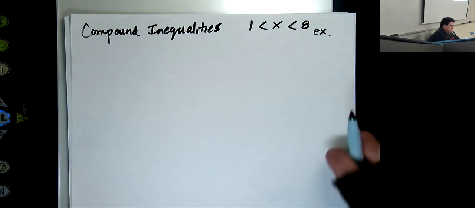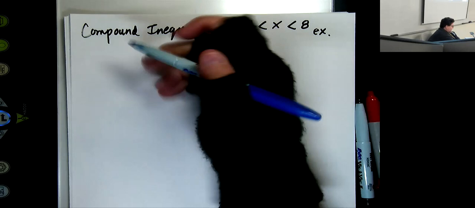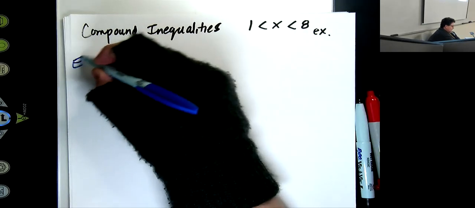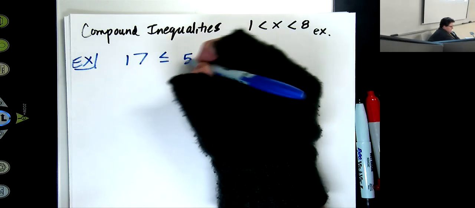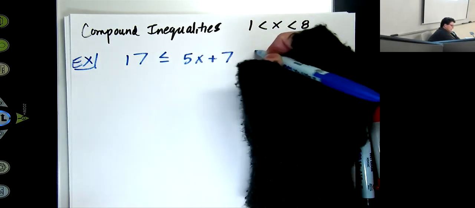So let's just do a problem at half. Example: 17 is less than or equal to 5x plus 7, which is less than 32.